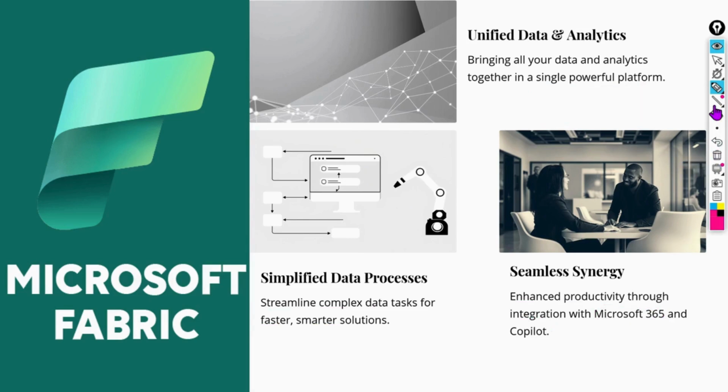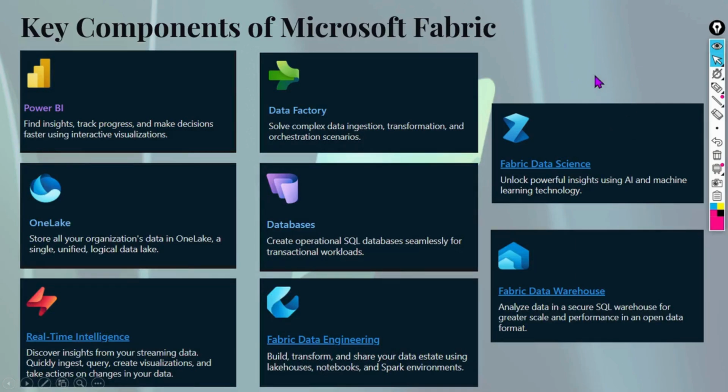So let us understand further how it works. There are a few components working behind the scenes. Those are Power BI, Data Factory, OneLake, databases, real-time intelligence, Fabric data engineering, Fabric data science, and Fabric data warehouse.